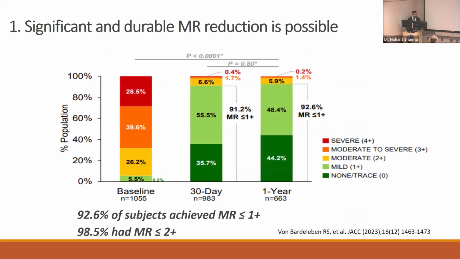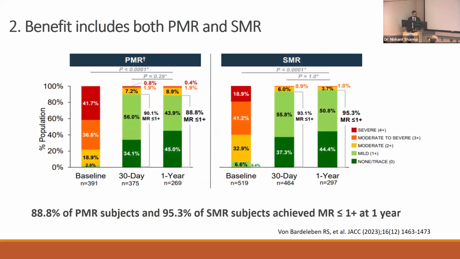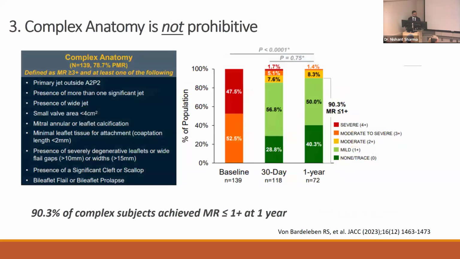So overall, what do we know? Significant and durable MR reduction is possible. And now we're trying to target MR grades less than mild. We know that the benefit extends to both primary and secondary MR with really good clinical outcomes. That complex anatomy is not prohibitive.